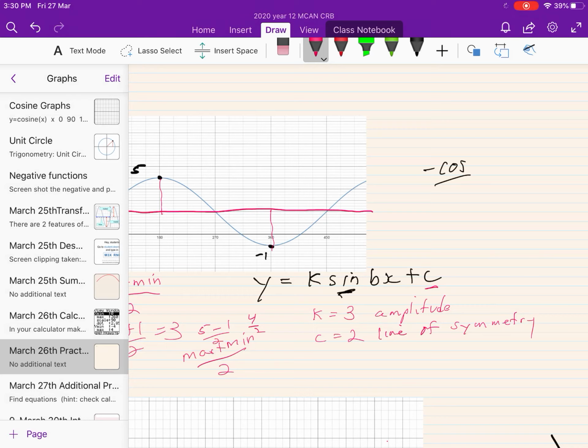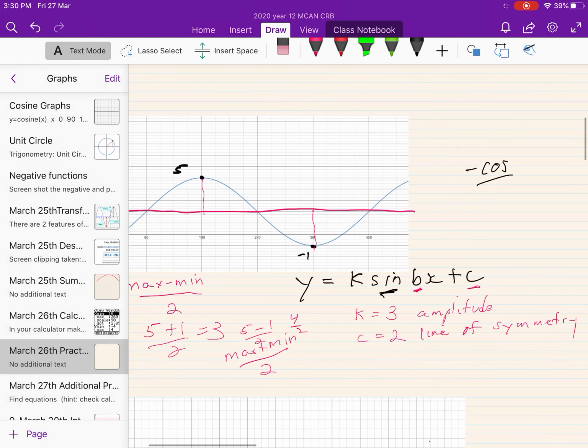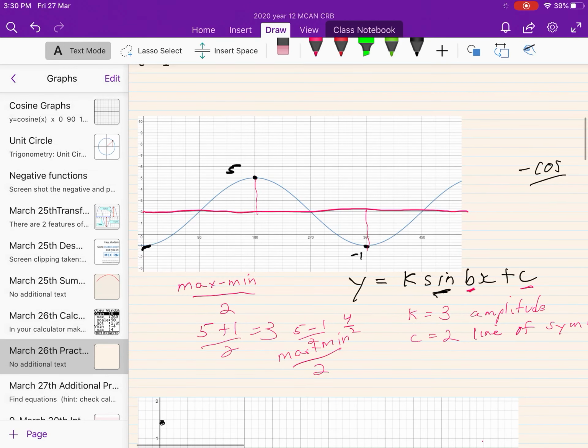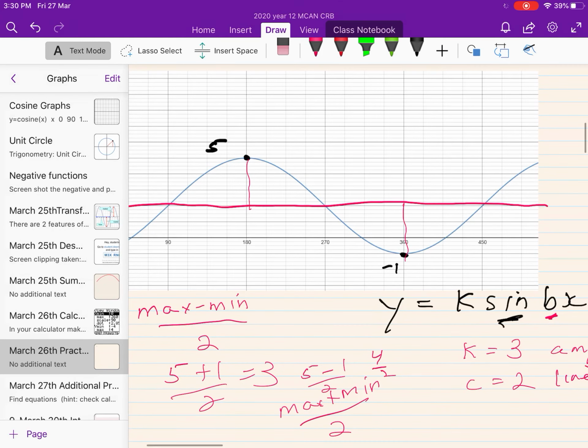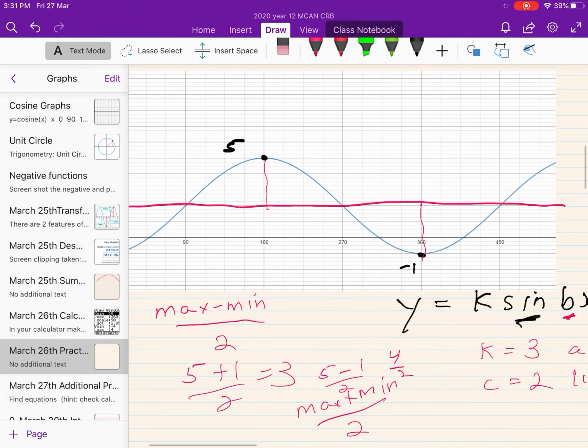Okay, what else do I need? I need B. Well, remember that we've got to get B, we need to figure out where this graph finishes. So if it's starting at -1 and goes up, it's finishing at -1. Is it finishing at 360?